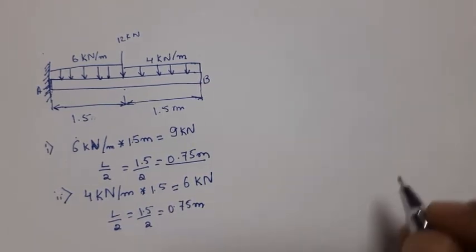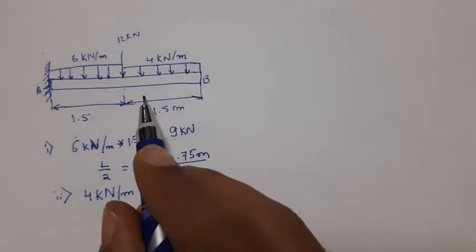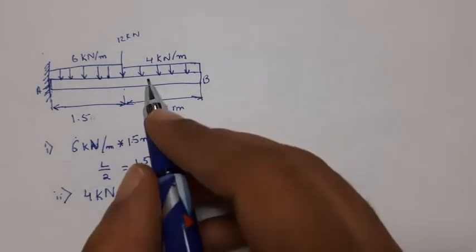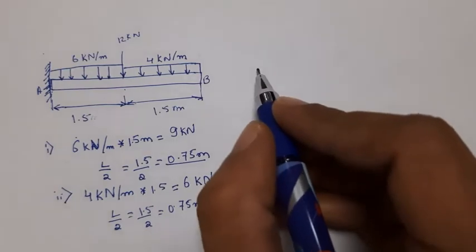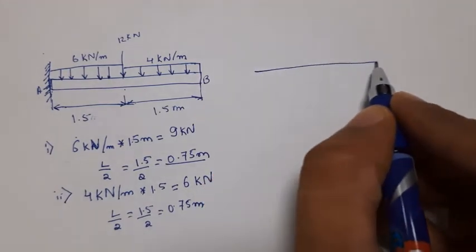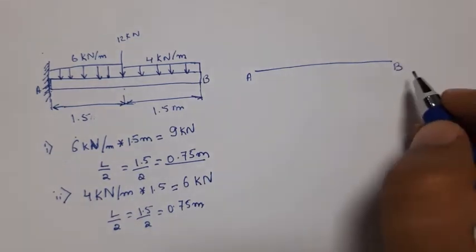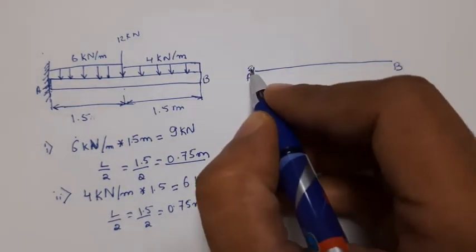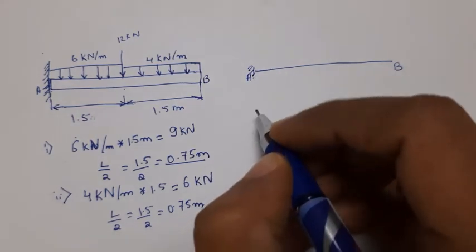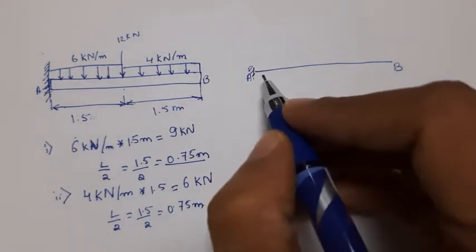Okay, so now we will draw a free body diagram of this particular beam. To draw a free body diagram, just draw one straight line, that is point A and point B of this beam. This side it is fixed, so I need to draw this fixed support.